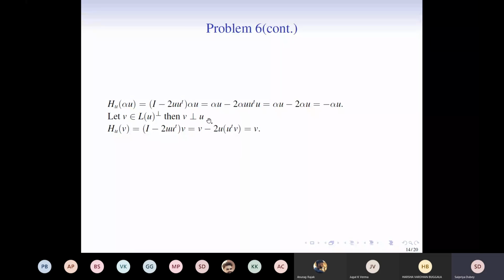Therefore this term in the expression does not contribute at all. So we get V minus 2 U U transpose V, this term is 0, and therefore we get V.